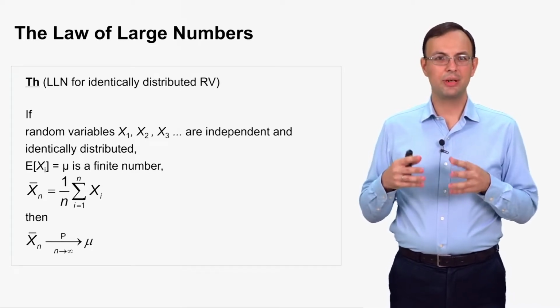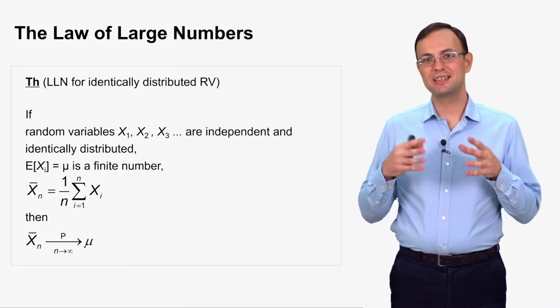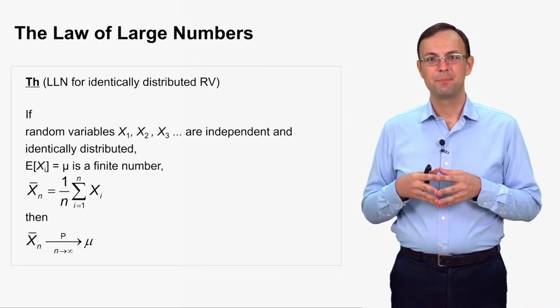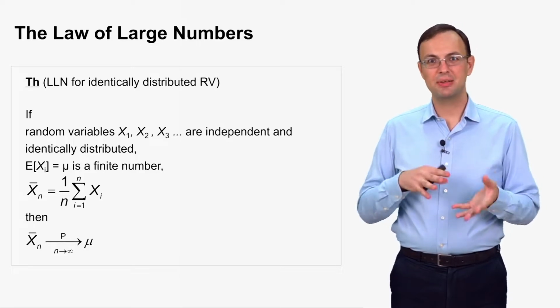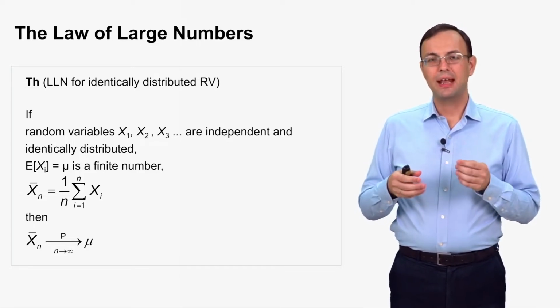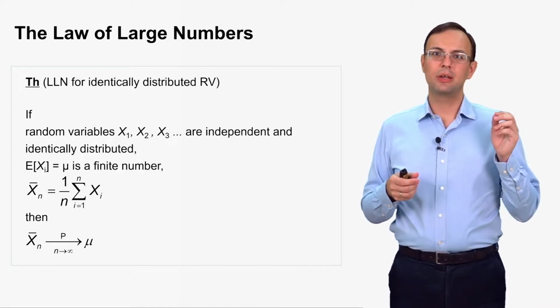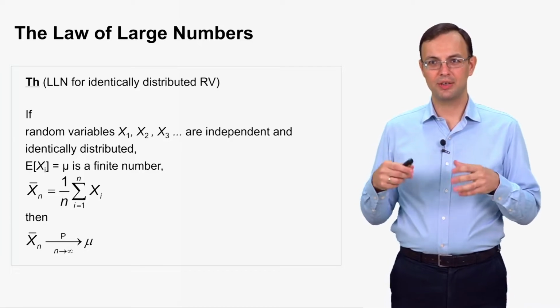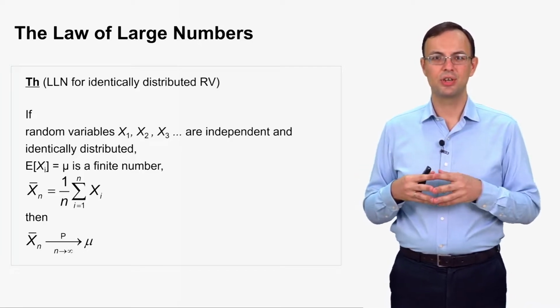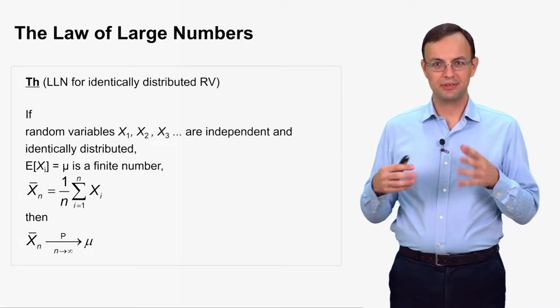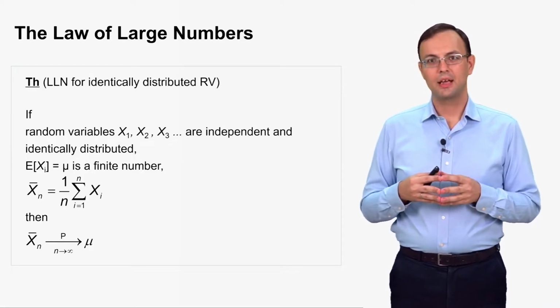The law of large numbers also is not just a single theorem. It is also a set of theorems that are similar to each other, but a little bit different. But I'll give you only one variant of the law of large numbers, that is called the LLN for identically distributed random variables. Why?